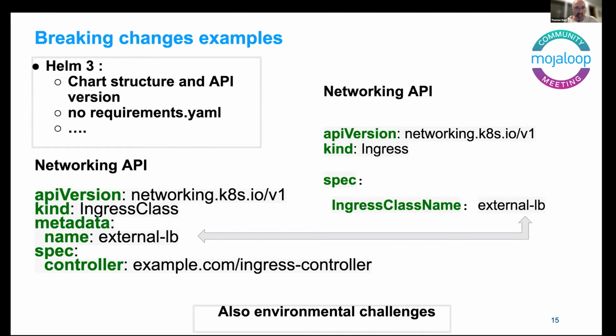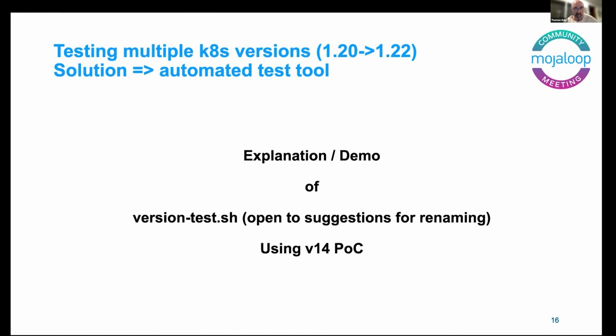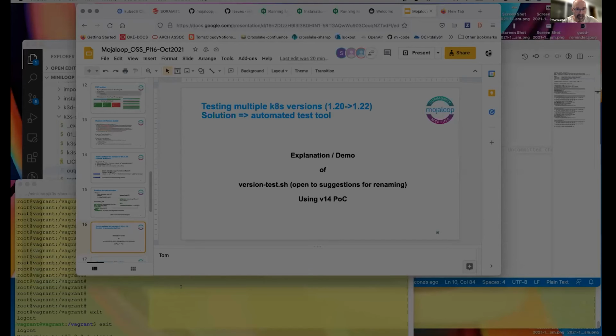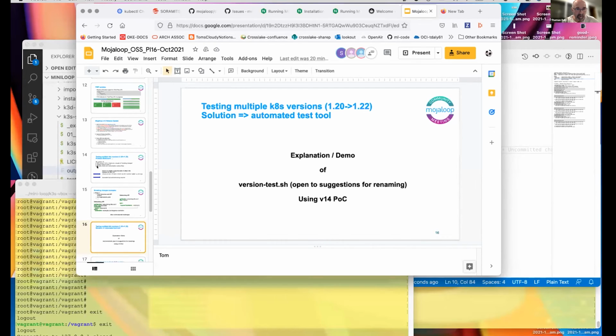So having automated testing over three of the current Kubernetes versions seems like a really good place to start to improve both our productivity and our accuracy with the conversion of the Helm charts.